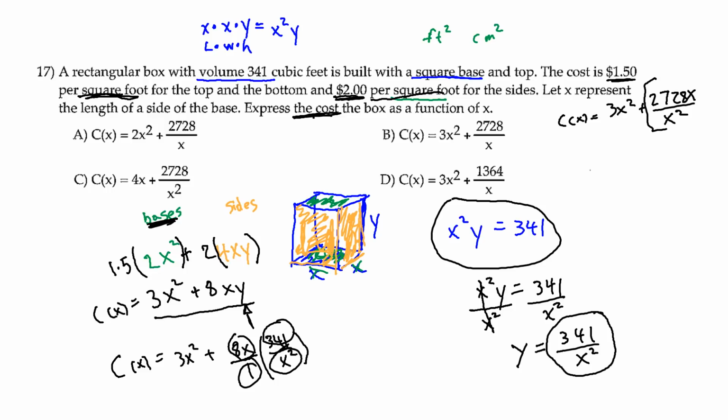For this portion of it, we can reduce that. Both the numerator and denominator are divisible by x. So if we divide them both by x, we're going to end up with 2,728 over x, and then we still have our 3x squared. So that is our new cost equation, and that's going to correspond to B.